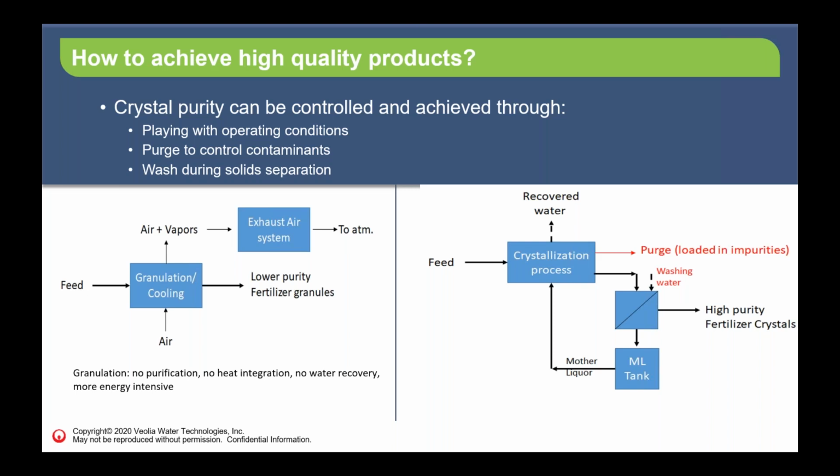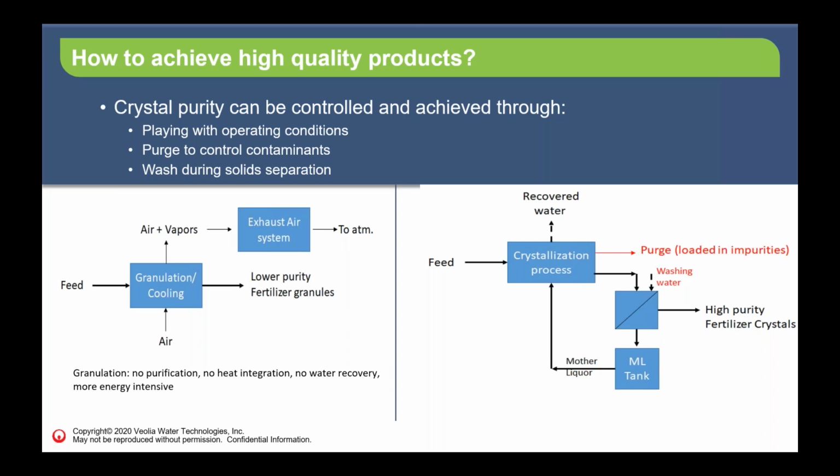Another thing we can do here is the washing of the crystals. The washing of the crystals can be achieved within the separation device, which can be a centrifuge or a decanter. Here, the washing water will displace the residual mother liquor and the residual impurities that are coming with the crystals.